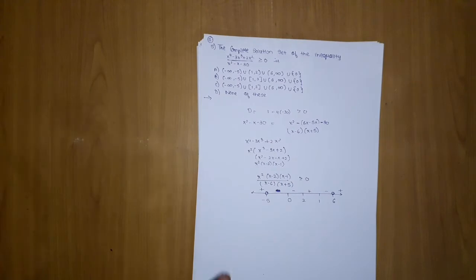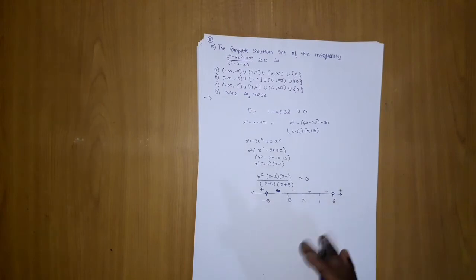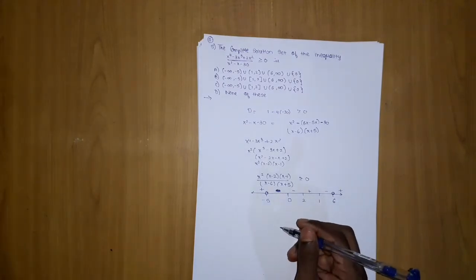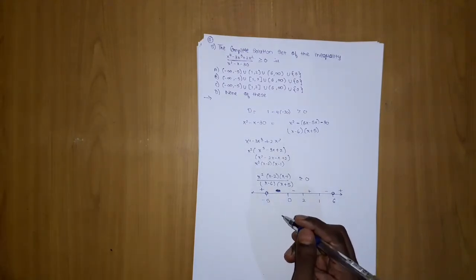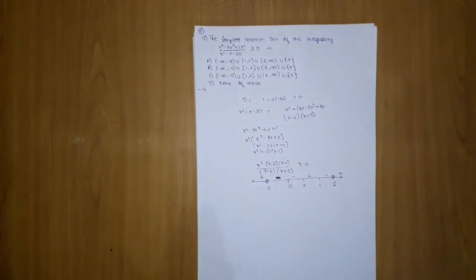When any polynomial factor has an even power in the wavy curve, the sign on both sides remains the same, while if it has an odd power, the sign changes. These small things should not need to be taught because they are already taught in inequalities. You should do inequalities before moving on to quadratic equations.